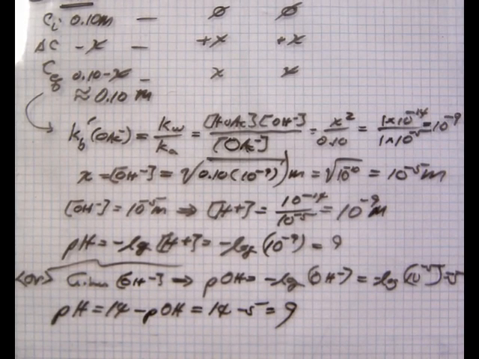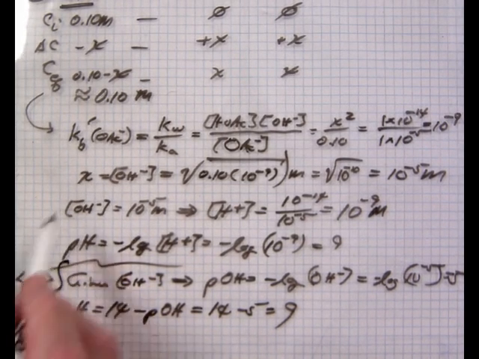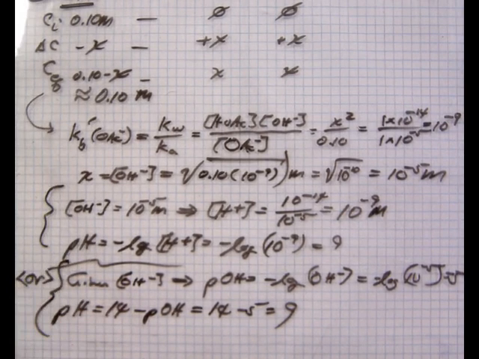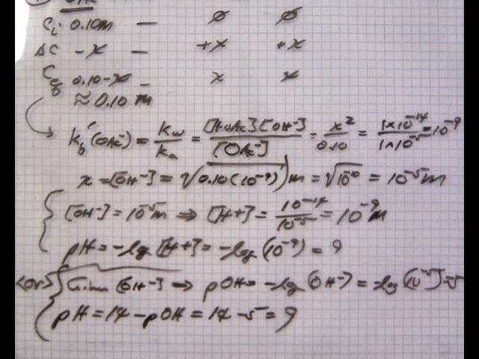So either method will serve you well and give you the answer. Now, I present all of this in that order, so you'll have a complete little mini package of how hydrolysis is solved. And you have a couple of problems on that on the exam.